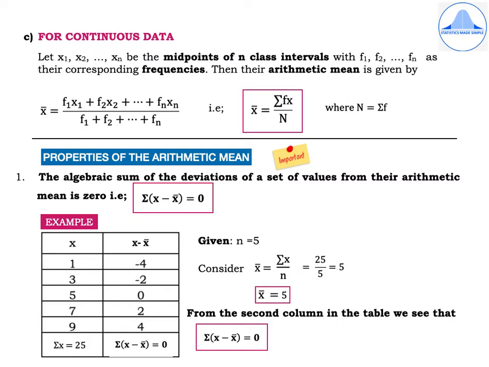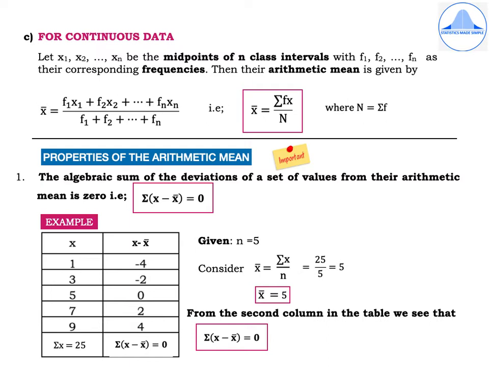So how do we compute the arithmetic mean for continuous data? For continuous data, the class intervals and their corresponding frequencies will be given. So first we need to find out the midpoints of the class intervals. So let x1, x2, so on xn be the midpoints of n class intervals, and f1, f2, so on fn be their corresponding frequencies.